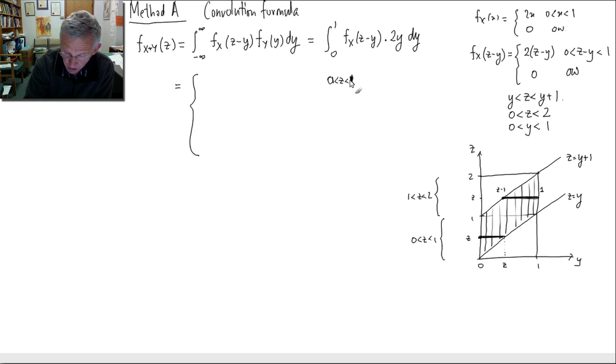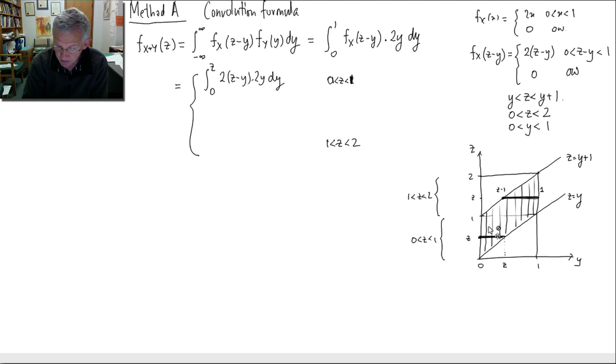Let's start off with that one, or a z value between 1 and 2. So if z value is between 0 and 1, y has to go over the range 0 to z. So this integral becomes the integral from 0 to z of, now I can replace the f x by 2z minus y times 2y dy.